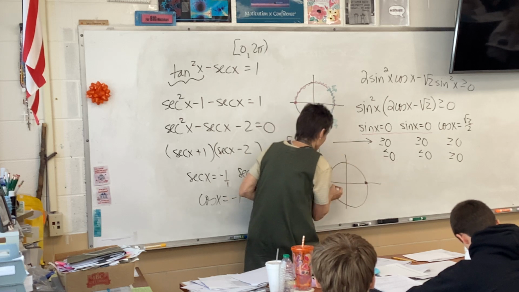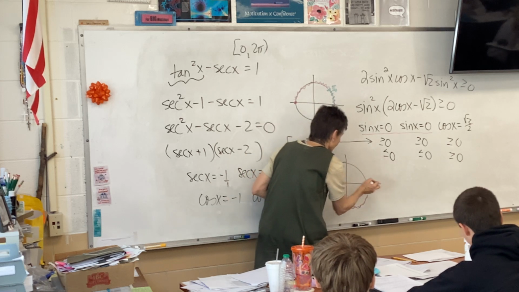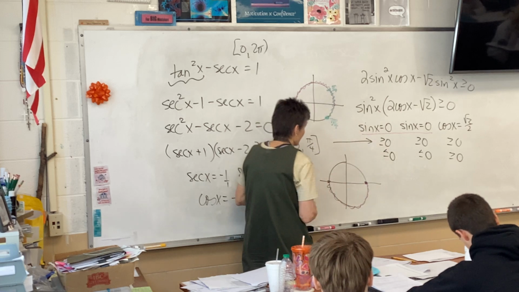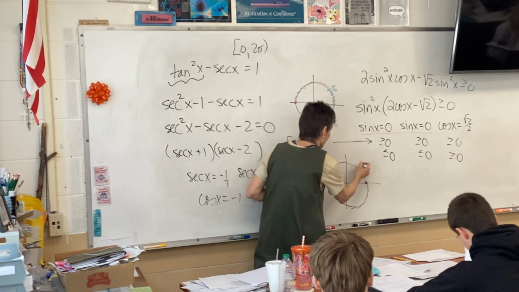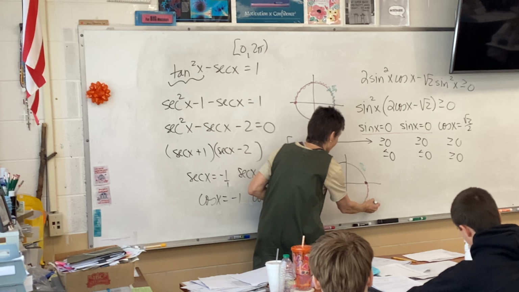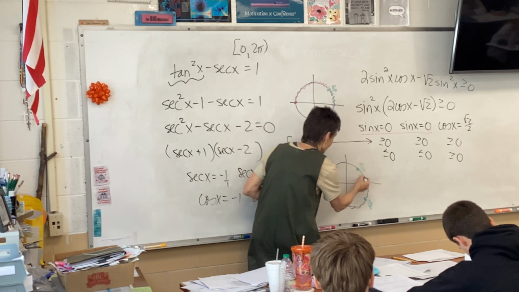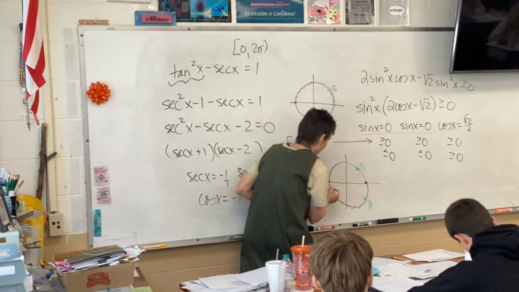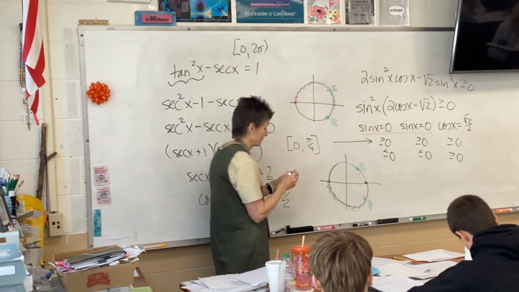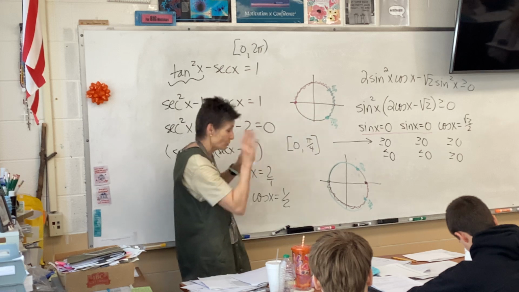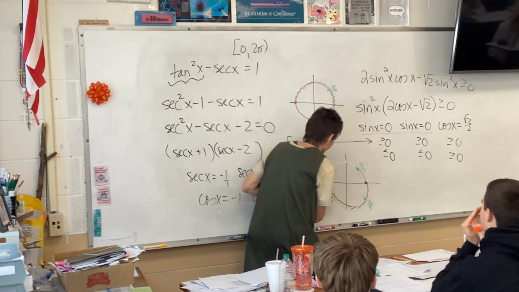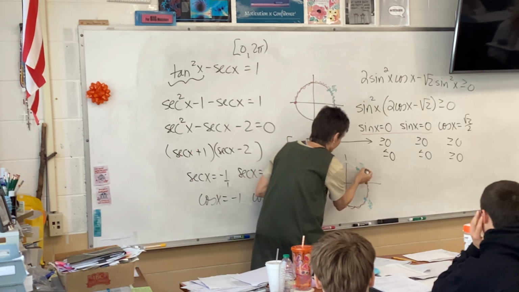This time I need it less than, so it'll be all this. And then my green is still pi over 4 and 7 pi over 4. But this time, all of this. Oh, no, that's greater than. It's still this. It's still greater than.